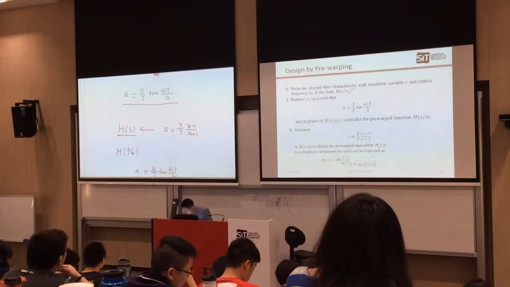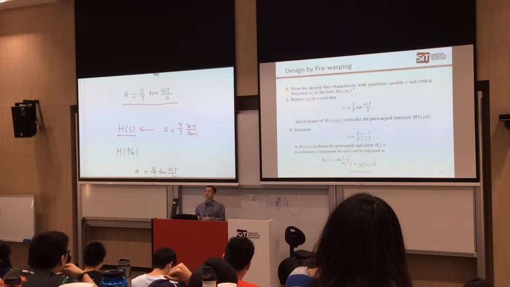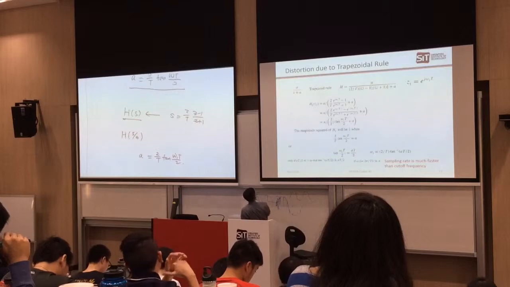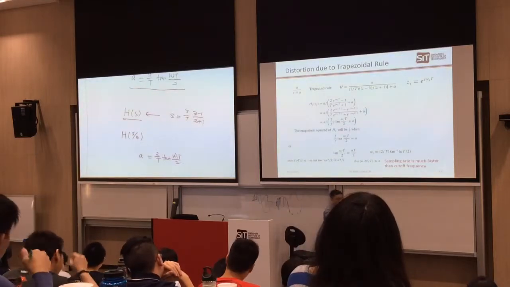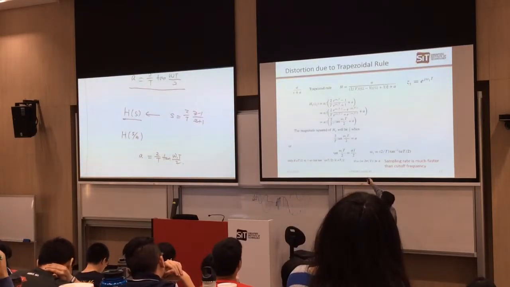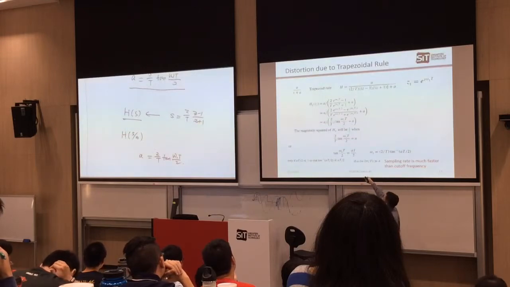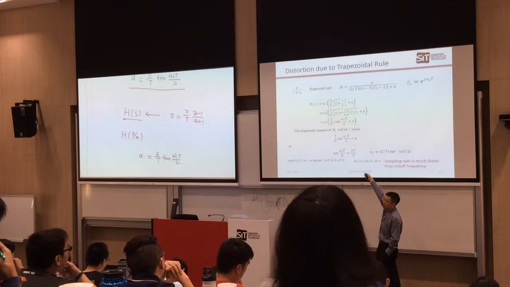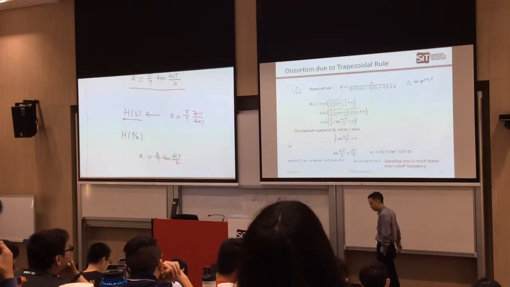And why do we get this A? Why do we have this one? It's because in order for this to be the same, I want your A to be this, because this is your cutoff, your critical frequency.